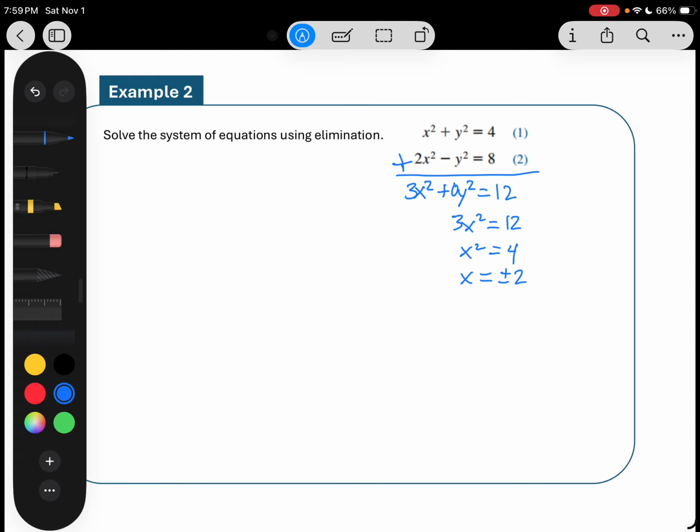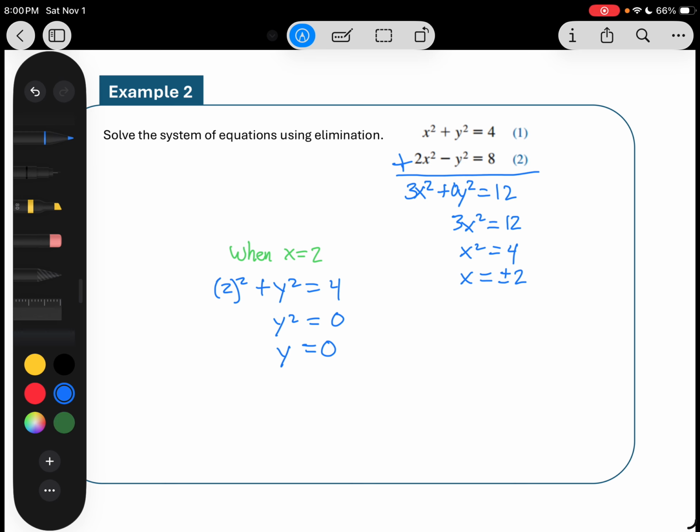Now we can go ahead and plug that into one of the equations to solve for y. I'm going to plug it into the top one. Looks like there's less going on, so it might be a little easier. So instead of x squared, I'm going to plug in 2, so 2 squared plus y squared, and we actually get 0. So when x is 2, y is equal to 0.